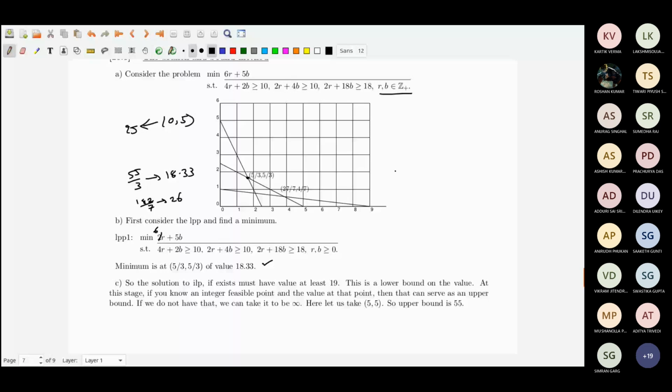So whatever solution there is to your ILP, the integer linear programming problem, the cost will be at least 19, because for the linear programming you are getting 18.33, and everything else here is integer.